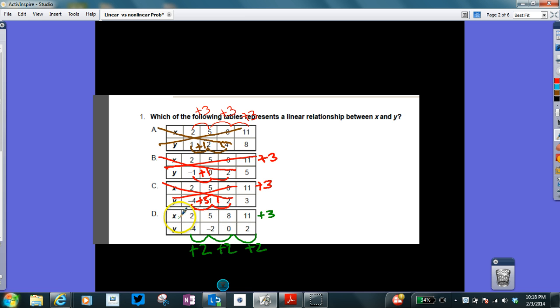So in this case, my input, x, domain, whatever you want to call it, has a rate of change of plus 3. My output, range, has a rate of change of plus 2. This one is the only one that's linear. The rate of change stays constant.